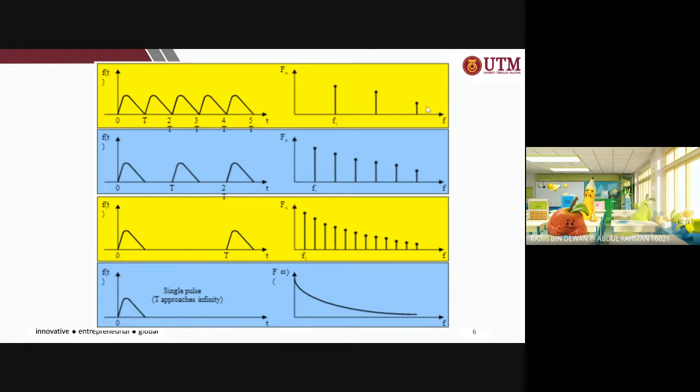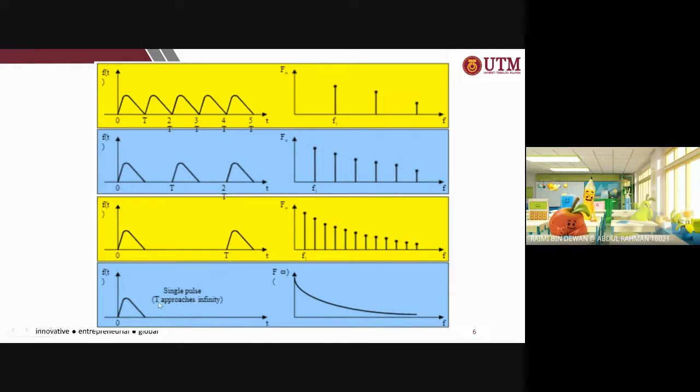Then you increase the period further, so from T here to T like here. When you increase the period, your spectral lines will be closer. Then you increase the complete period much further, and you have a closer signal spectrum.